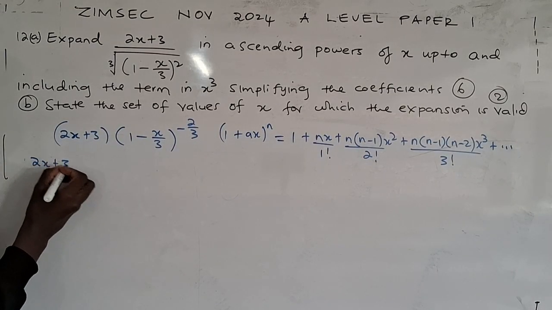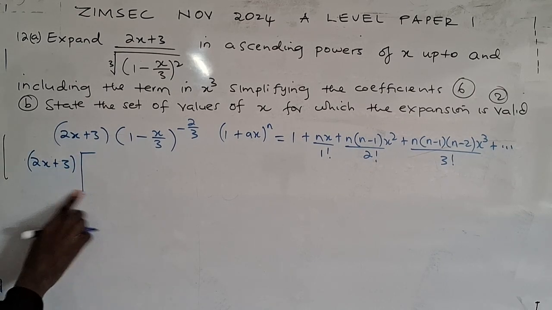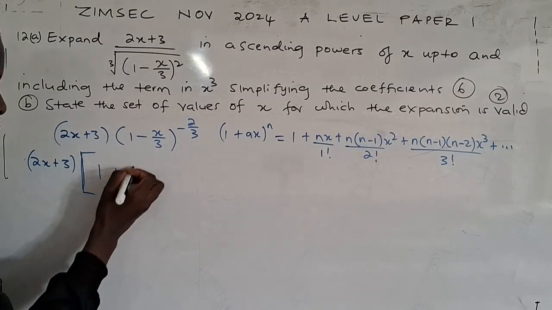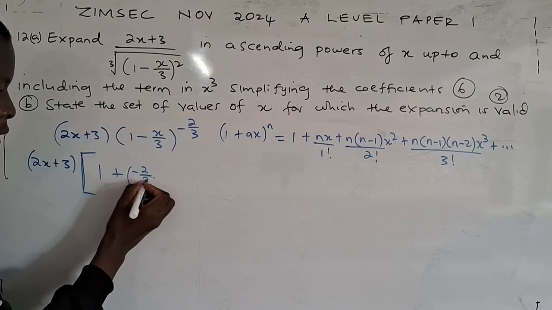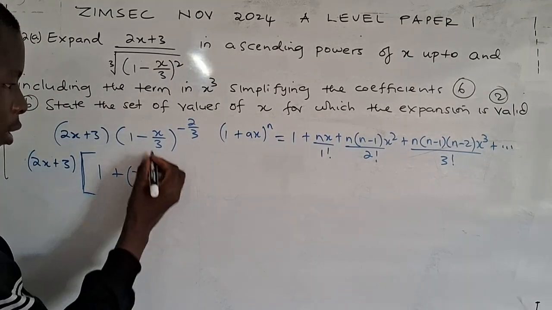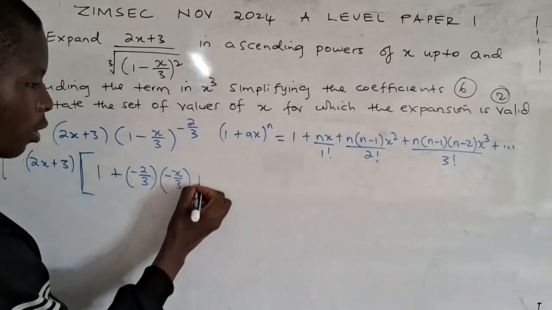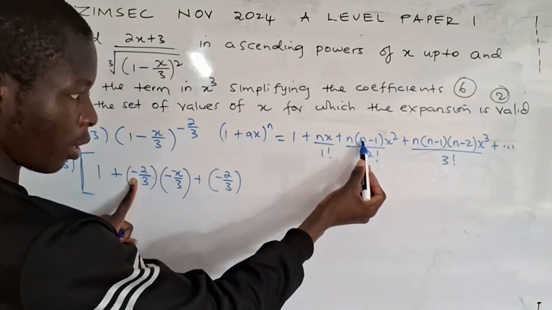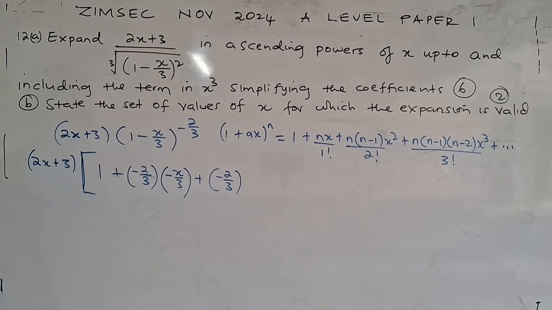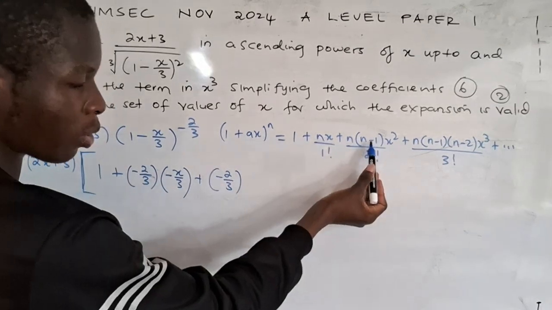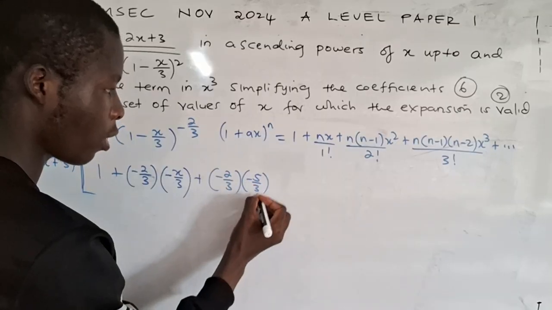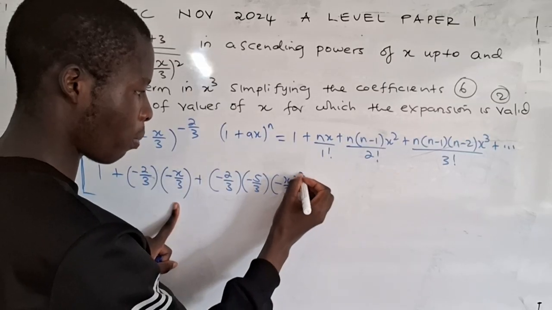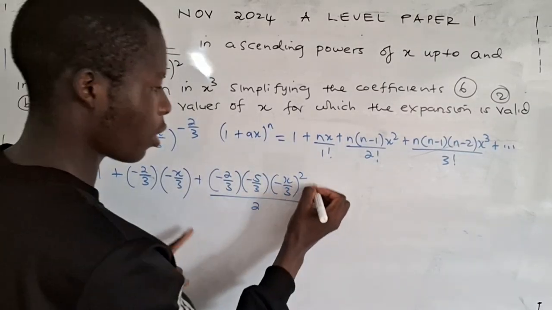Okay, so I'm going to substitute. I have (2x + 3) times [1 + (-2/3)(-x/3) + here what is n - 1? -2/3 - 1, this is nothing but -5/3. (-x/3) to the power 2, over 2 factorial, which is nothing but 2.